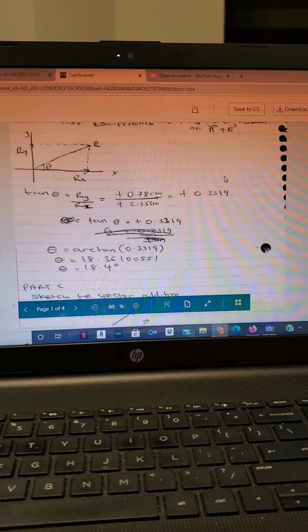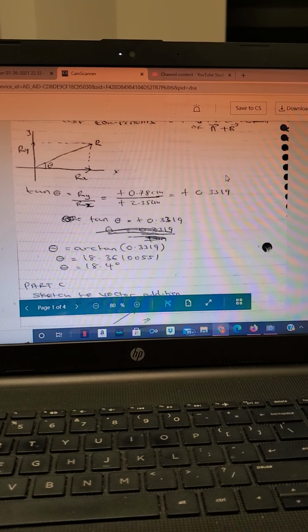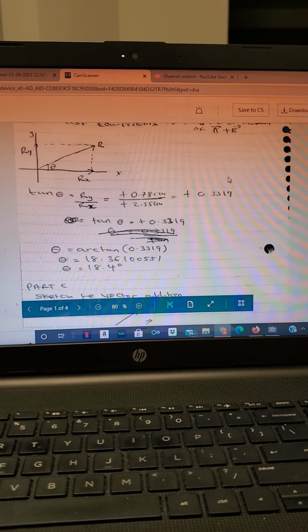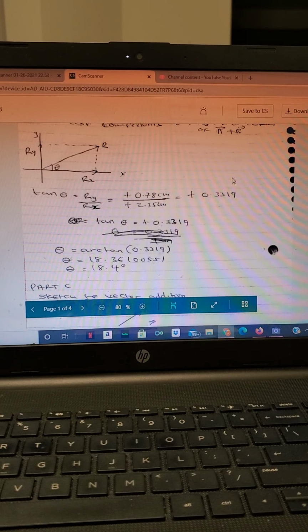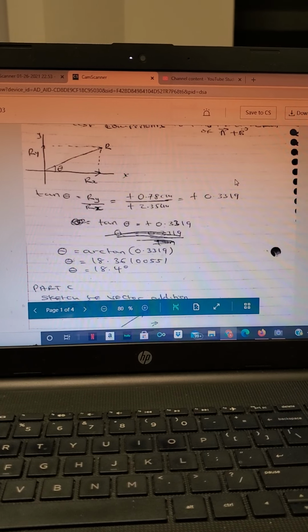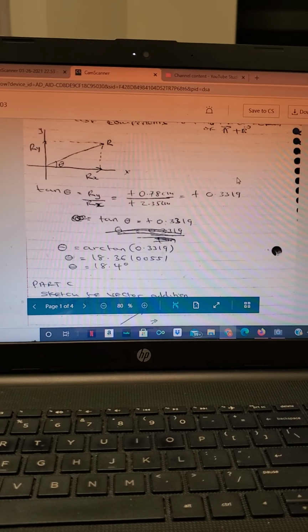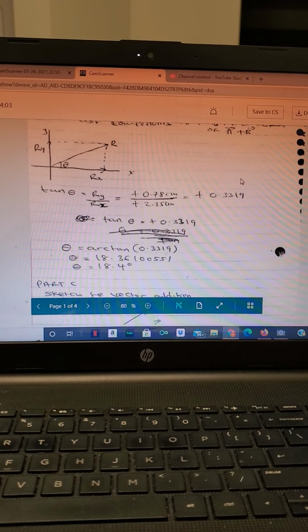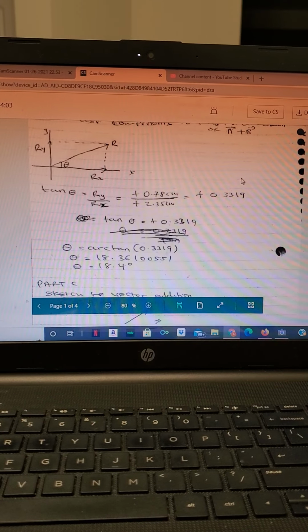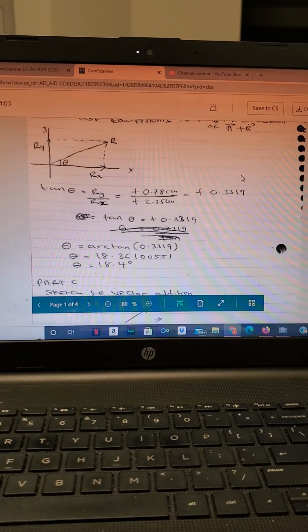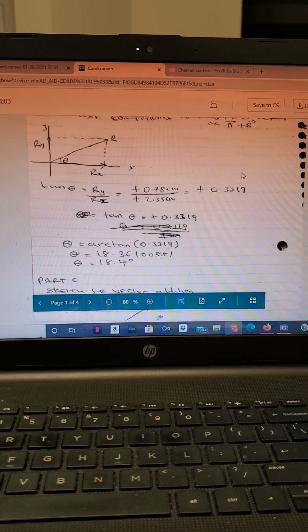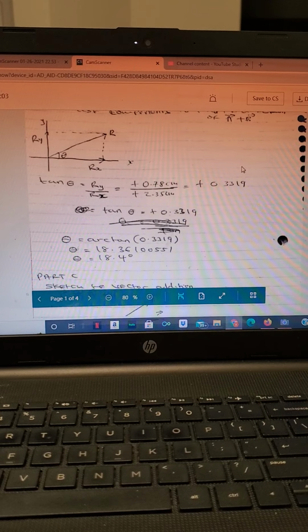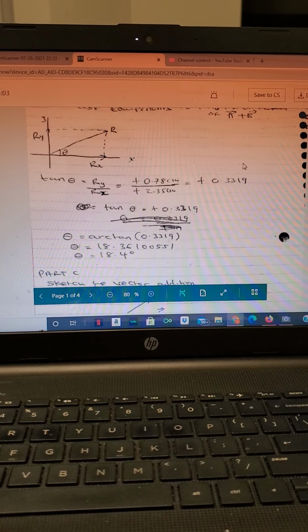and that will give me 0.3319. So we need to find tan theta, and for me to find theta, I need to isolate theta. I'll move tan away from the theta, so theta will be arctan of 0.3319.